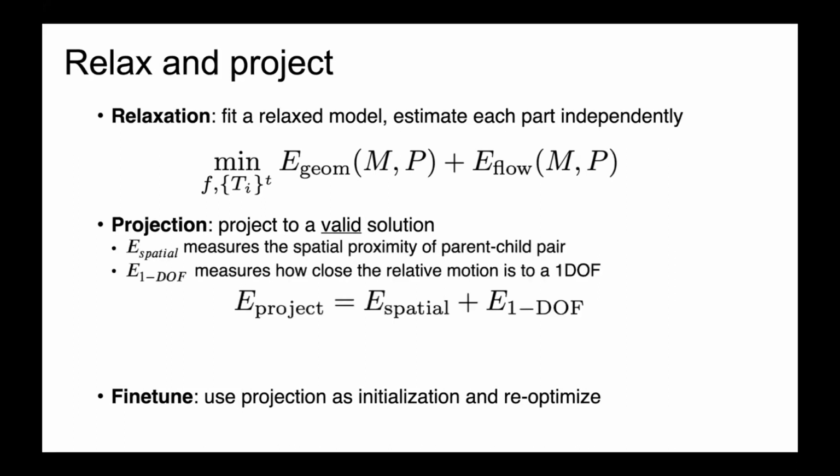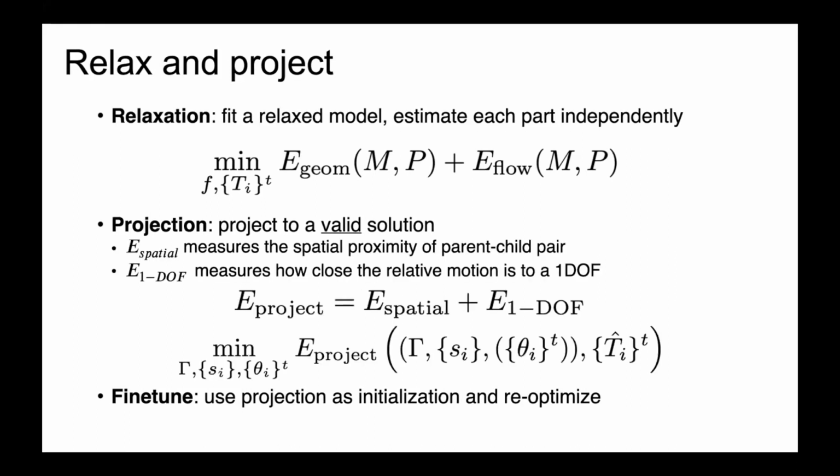Once we get this, we project it down into a valid kinematic tree based articulated model, using the idea that once I reduce it to a tree, the residuals that I get should be small, right? So that's what we're doing over here. And the fine tuning is just this direct optimization in the final articulated model space that we're interested in.